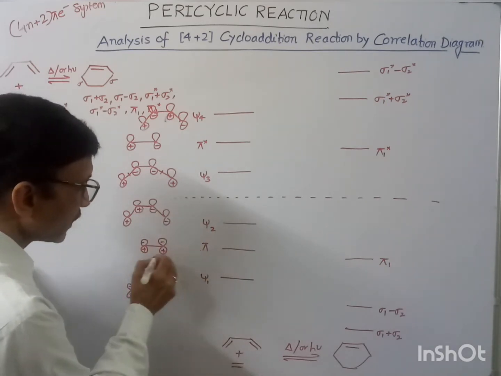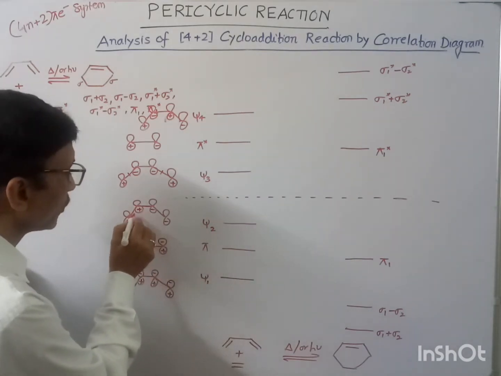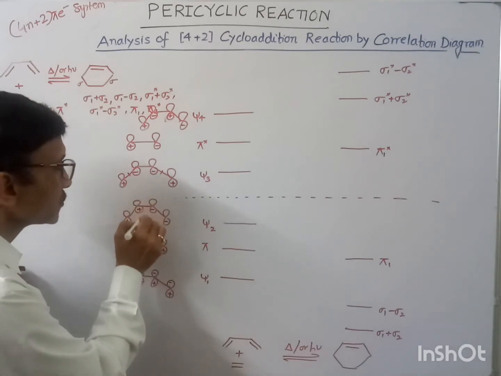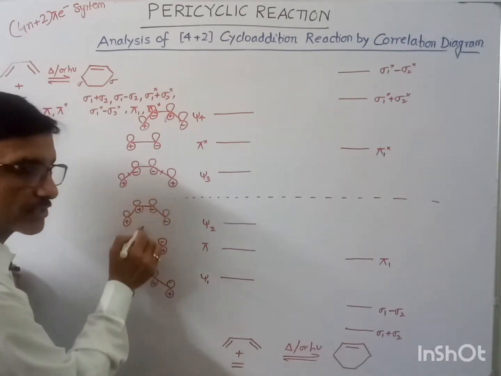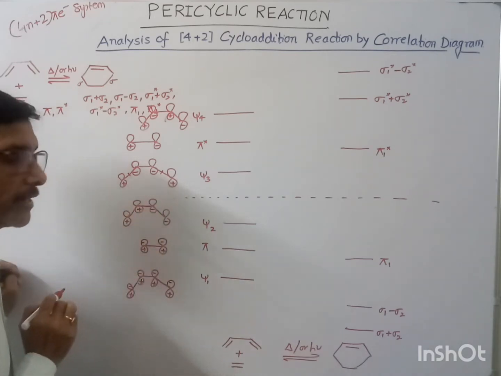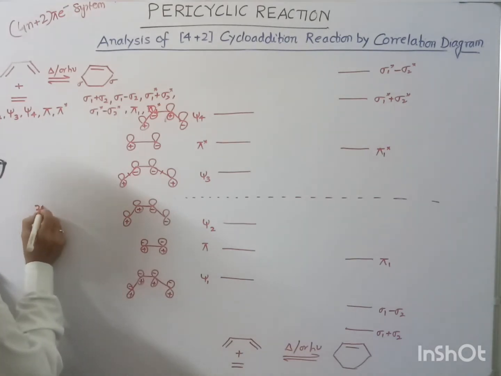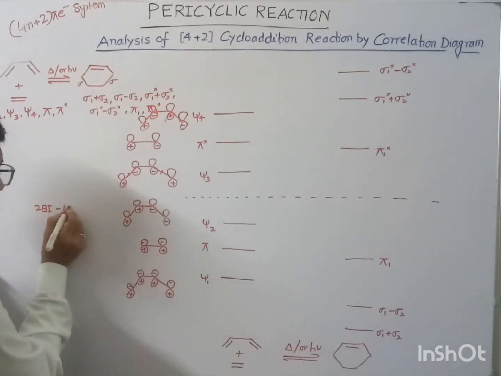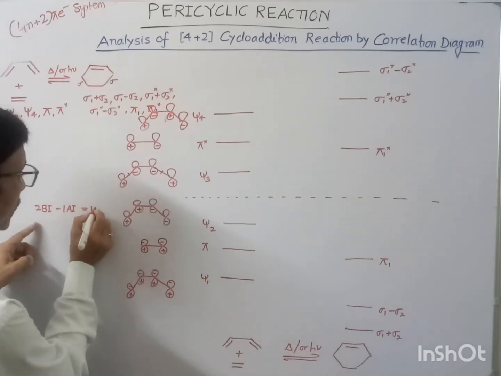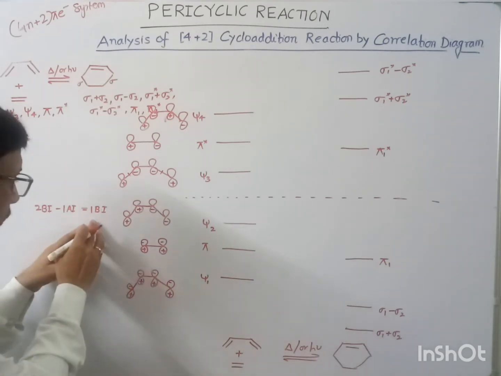So this pi is having one bonding interaction, whereas psi 2 is having two bonding interactions. This is plus plus and minus minus, and it is also having one anti-bonding interaction over here, plus and minus. So two bonding interactions and one anti-bonding interaction, so overall you get one bonding interaction.